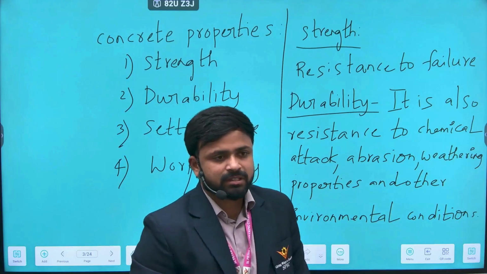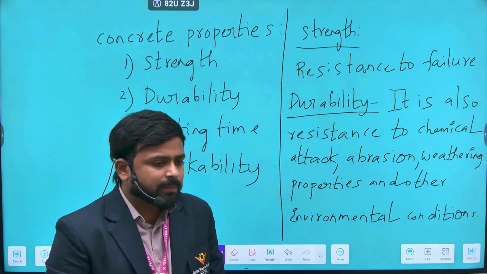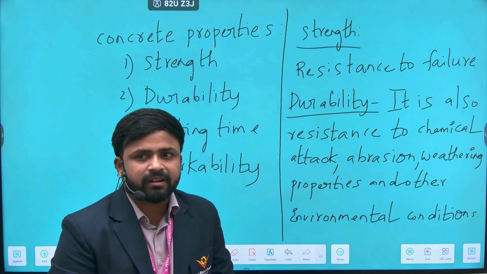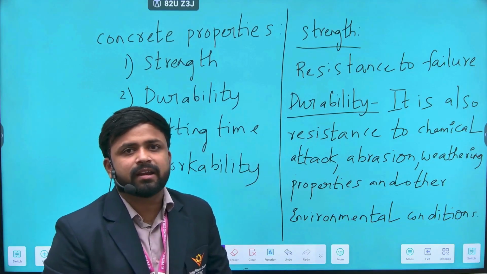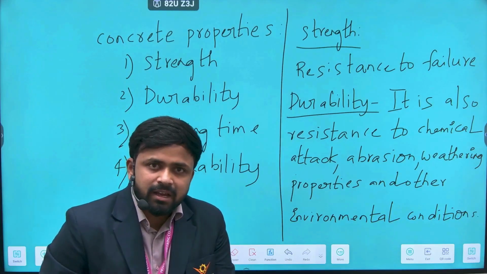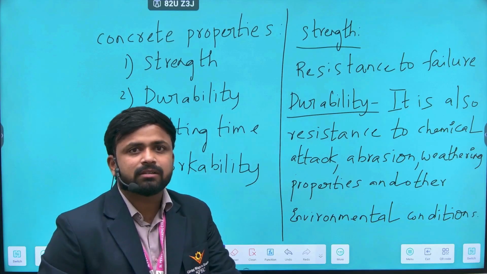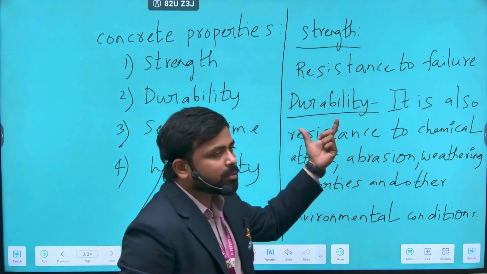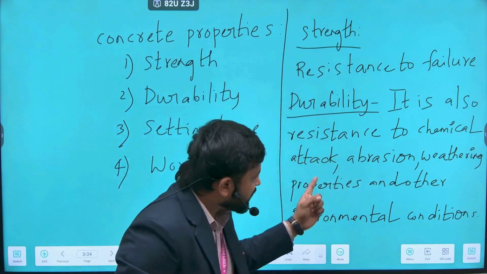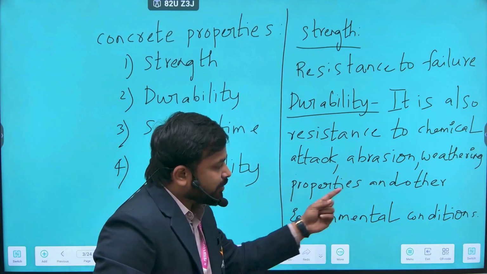Environmental conditions means the concrete structure which we have built may be exposed to mild, moderate, severe or very severe rain, or it can be buried under severe chemical properties of the soil. So durability is resistance to chemical attacks, abrasion, weathering properties, and other environmental conditions.